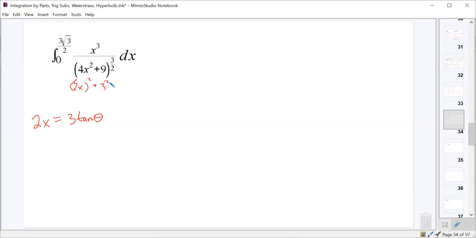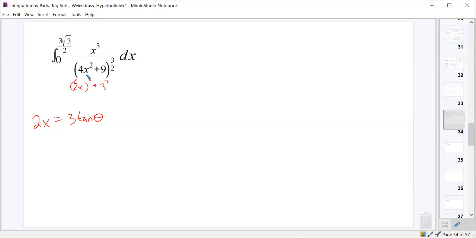I could start by letting u equal 2x, and then get u squared plus 9 down here. But it seems simpler to not do a double substitution. It seems simpler to just let 2x equal 3 tangent theta and deal with the constants up here with our x cubed dx.